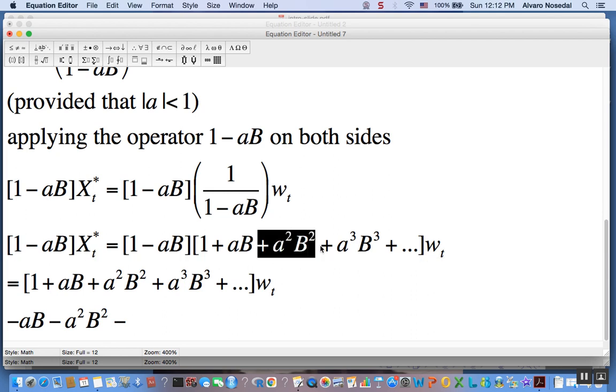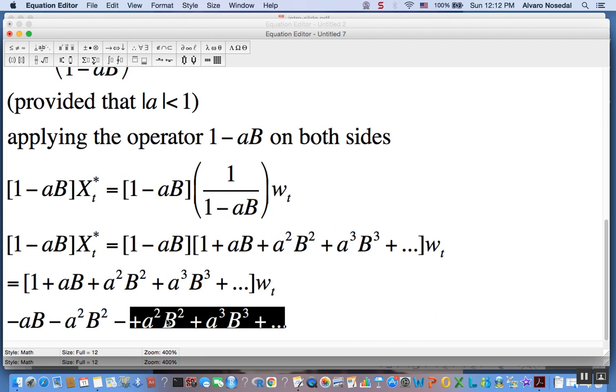And so on. Let me copy these. So negative A cubed B cubed, right?